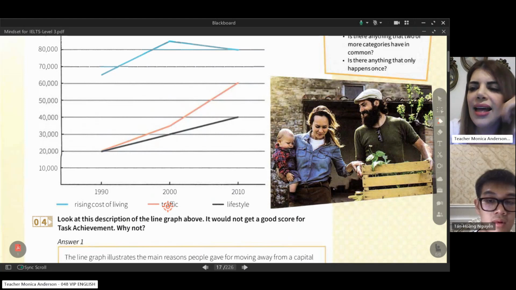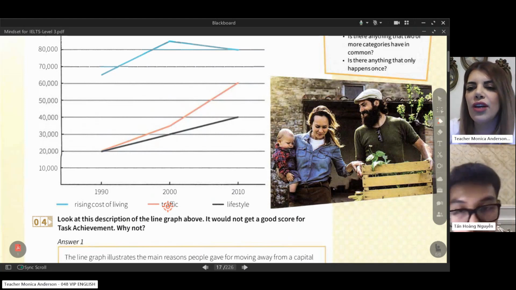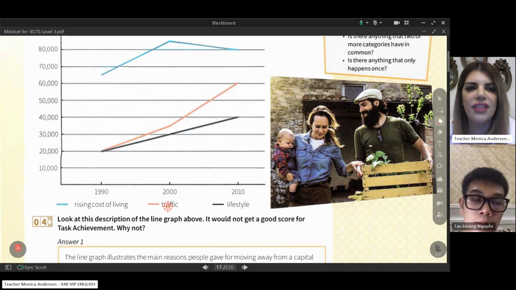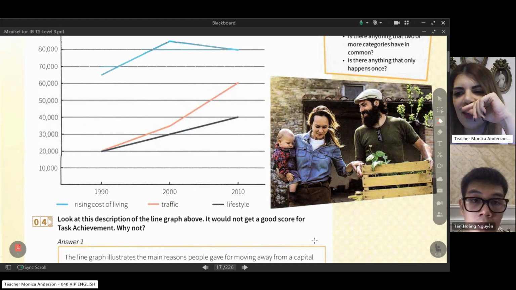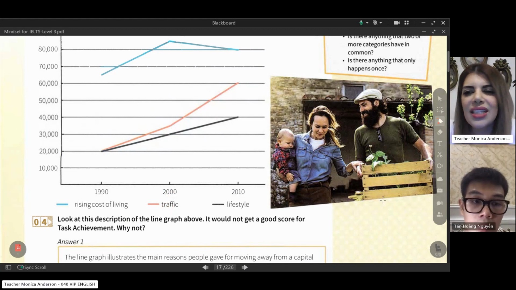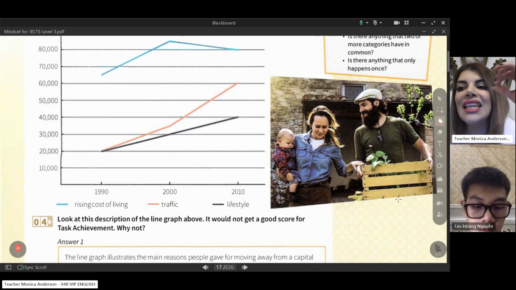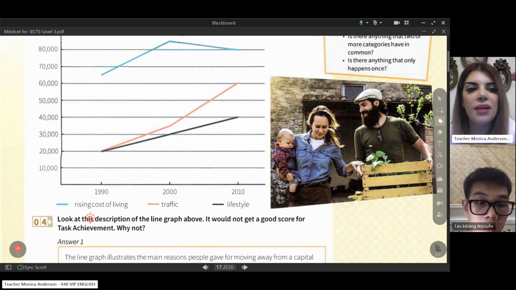Let's talk about, for example, rising cost of living, the first one. Rising cost of living, as we can see, rose the least over the whole period, between 2000 and 2010.